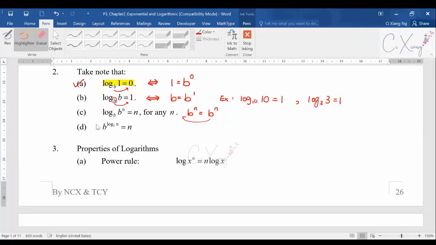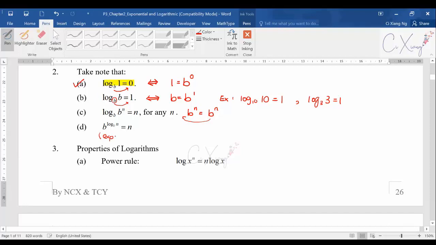And for the last one, b power log base b of n is equal to n. So how can we get this result? This is actually the indices form of the exponential function. For the exponential function, if you change it to log, that means the b here, you bring it over to become the base.